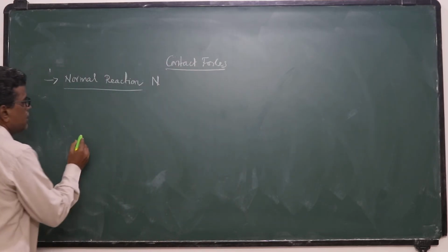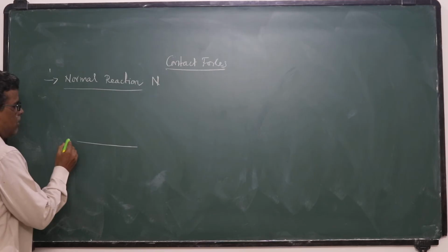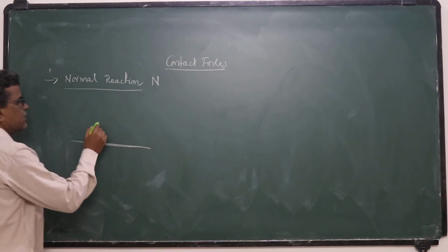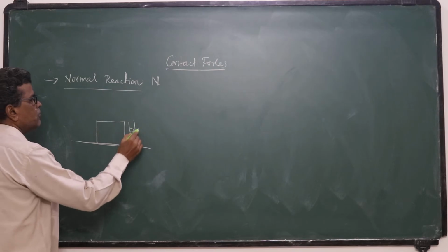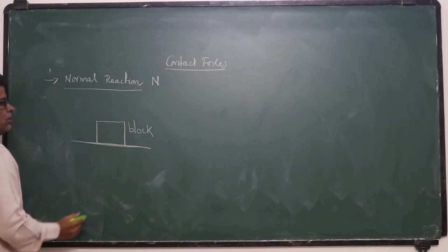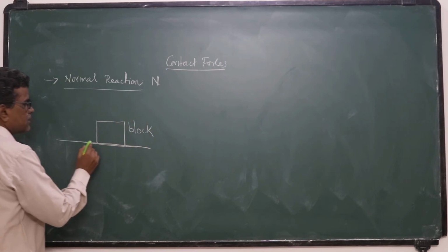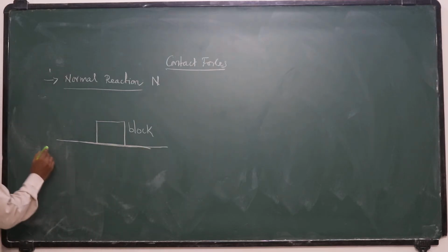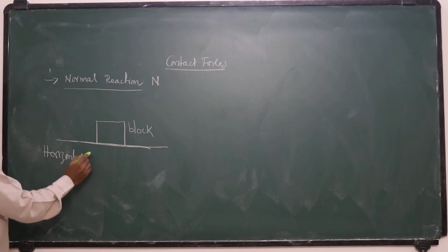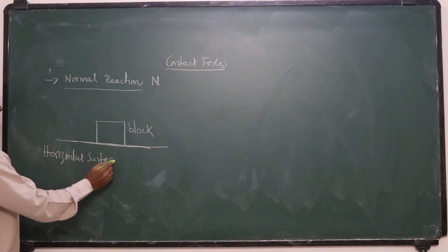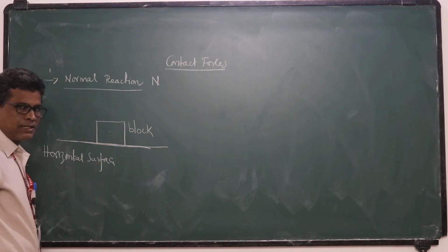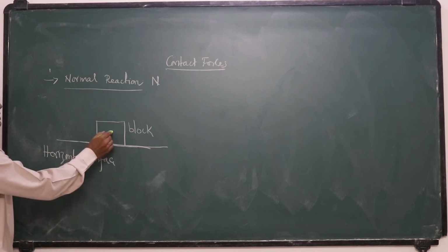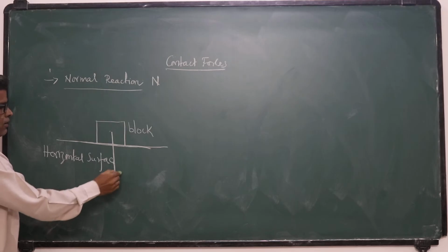Now, let us see these examples. A block is placed on a horizontal surface. There is a gravitational force acting on that block, which is nothing but the weight of the block.